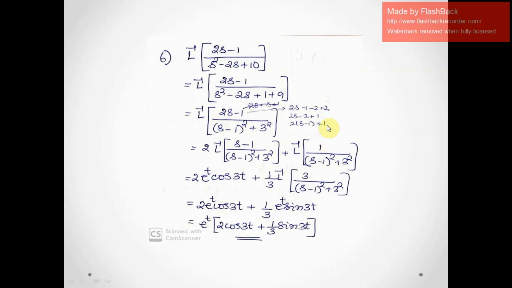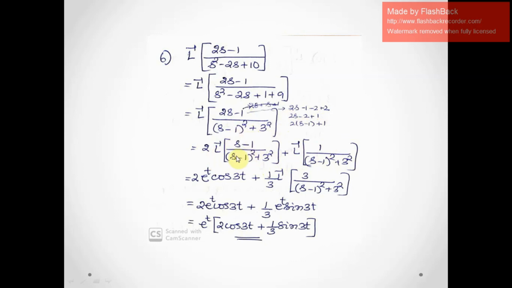And we will split the inverse Laplace transform. So this is 2s minus 1 comes in the first one, plus 1 comes in the numerator of the second term. And this 2 I have taken outside. So 2 into L inverse of s minus 1 by s minus 1 whole square plus 3 square, plus L inverse of 1 by the same denominator.